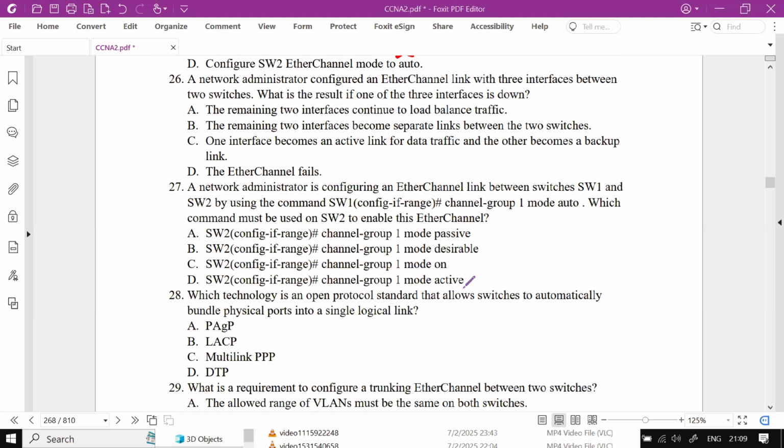When I did EtherChannel PAgP, I used to cram it, and I think I could have got it much easier if someone explained it to me: auto means I'm listening, the other one means I'm initiating.